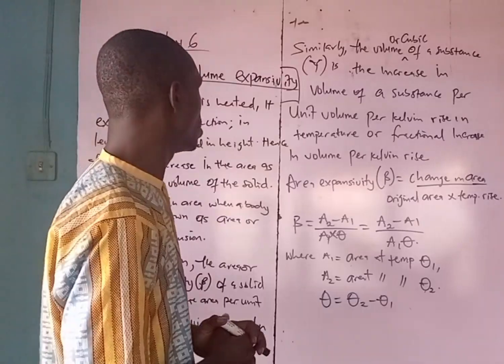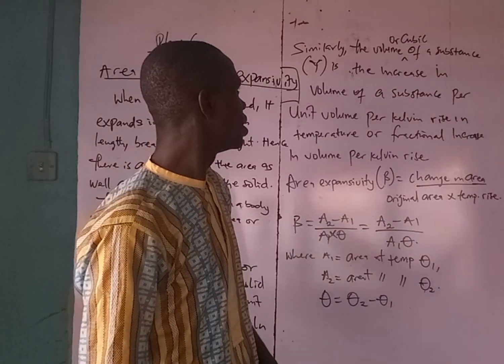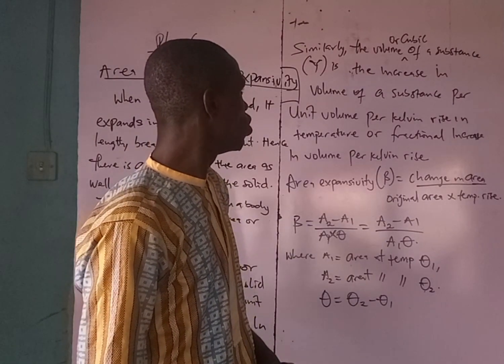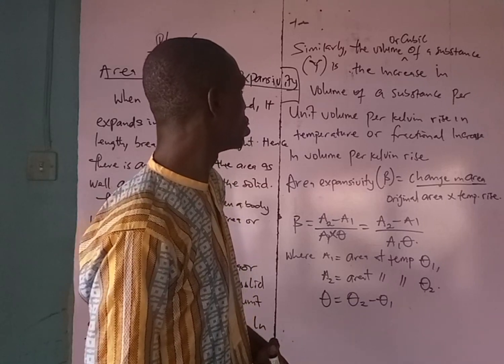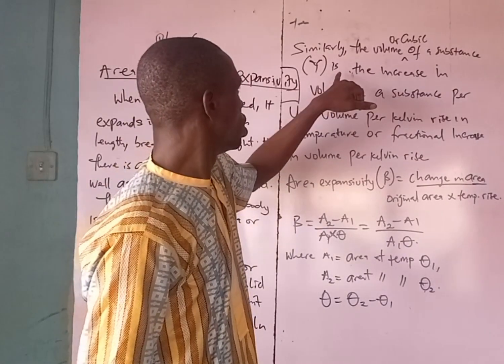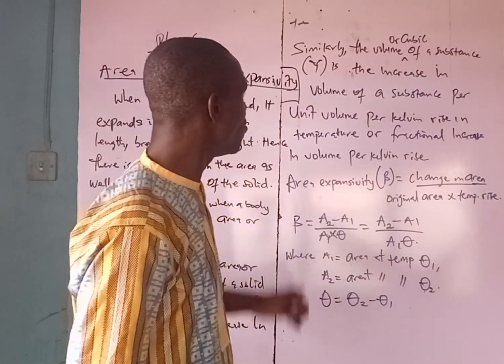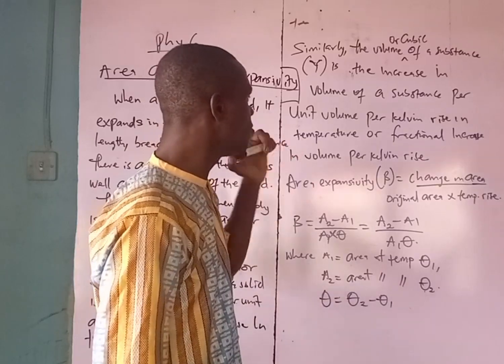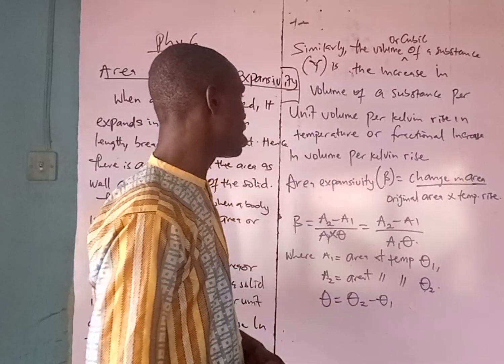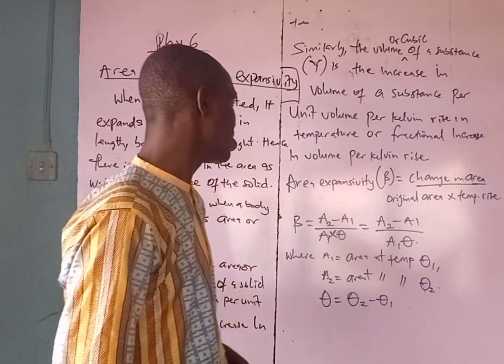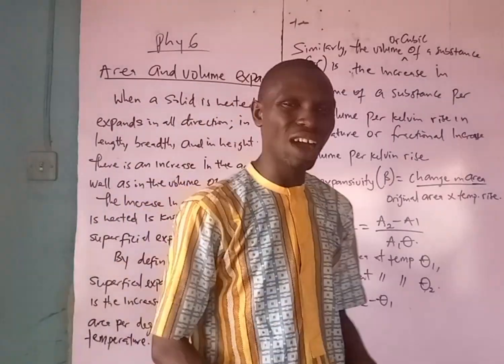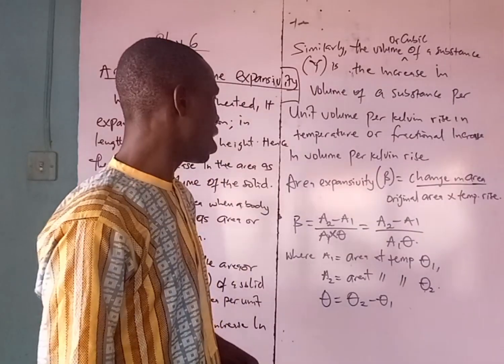Similarly, the volume or cubic expansivity of a substance is the increase in volume of a substance per unit volume per Kelvin rise in temperature, or the fractional increase in volume per Kelvin. What are we saying by that?